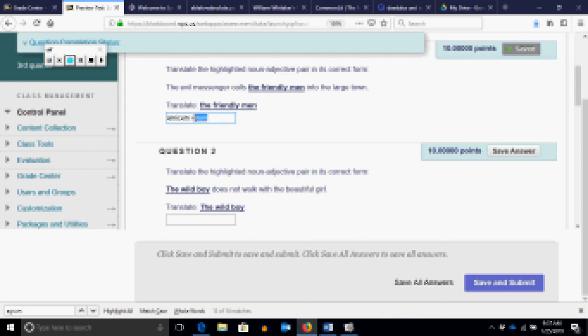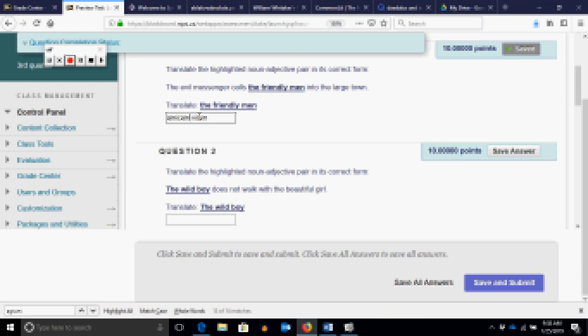Now, I've got this in the accusative case, and now because it's masculine, I have to go on to my adjective. I'm going to use second declension endings to show that this adjective recognizes that this noun is masculine. If it were a feminine noun, my adjective would take first declension endings.